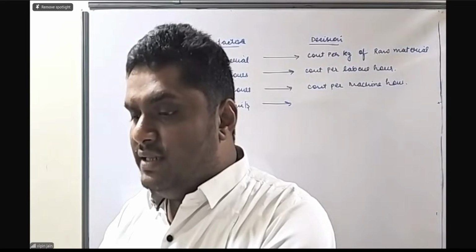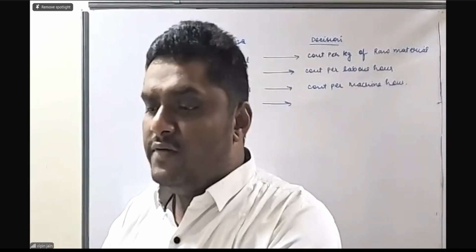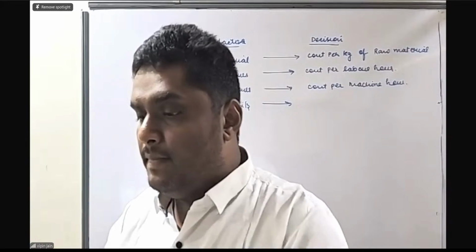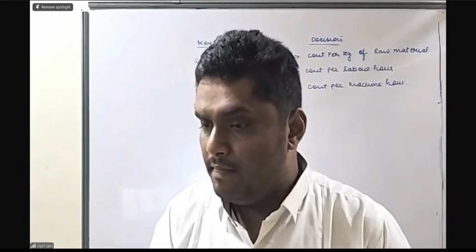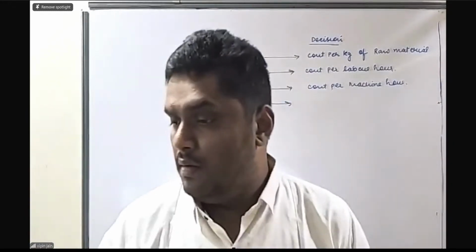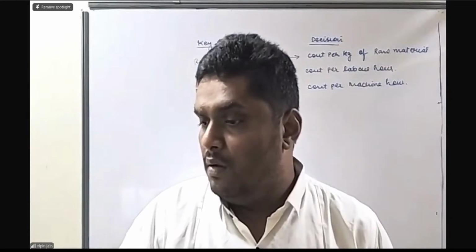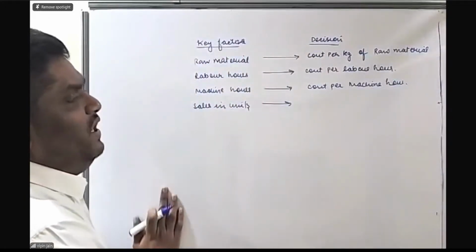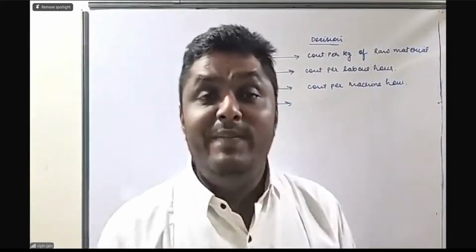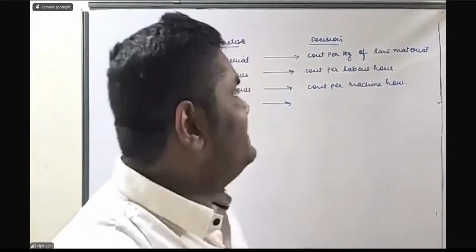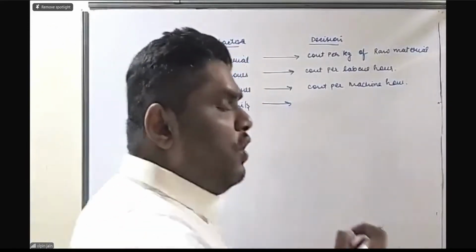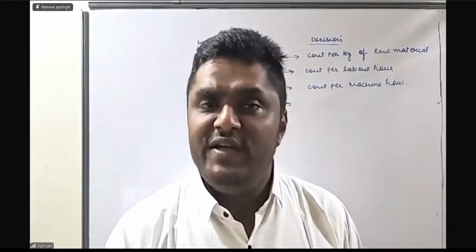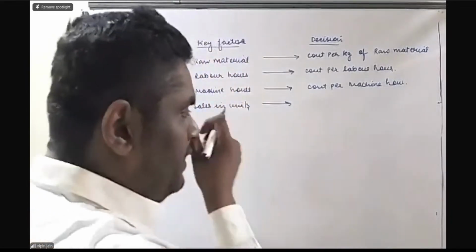What is your answer in this case? Okay. So herein, if sales in unit is my key factor, contribution per unit will be my basis of decision. So the product whose contribution per unit is highest, we will manufacture or sell accordingly.